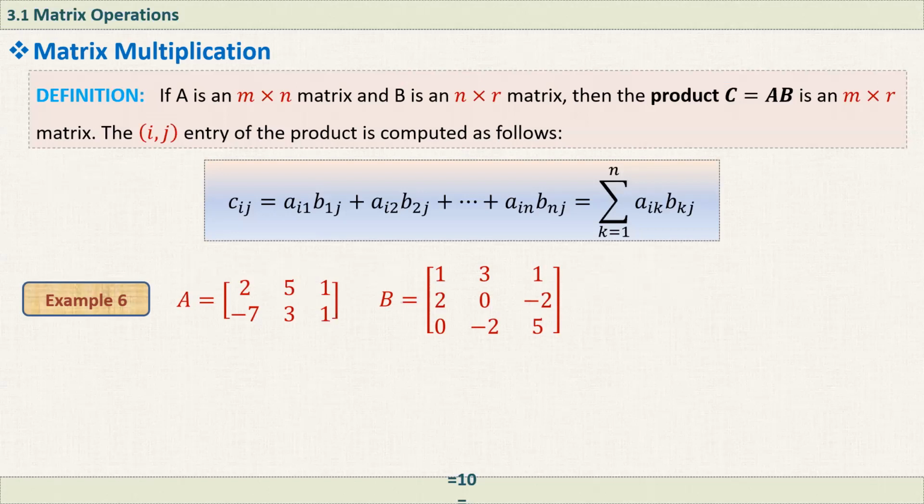But usually for students learning this for the first time, it's a little bit challenging, because matrix multiplication is a bit different. And immediately you will see that for multiplication, A times B is not equal to B times A. This shows that it is not similar to multiplying one real number by another real number.